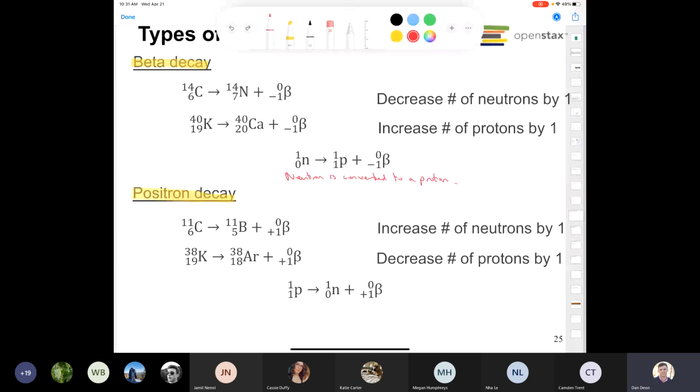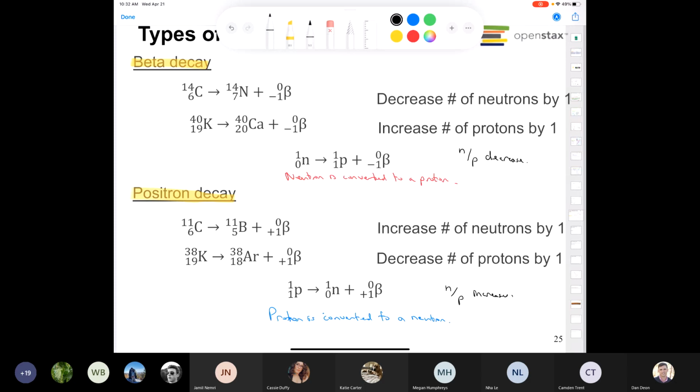So essentially what's happening here is that a proton is converted to a neutron. Okay? And so when we have beta decay, the ratio of neutrons to protons decreases. And when we have positron decay, the ratio of neutrons to protons increases.